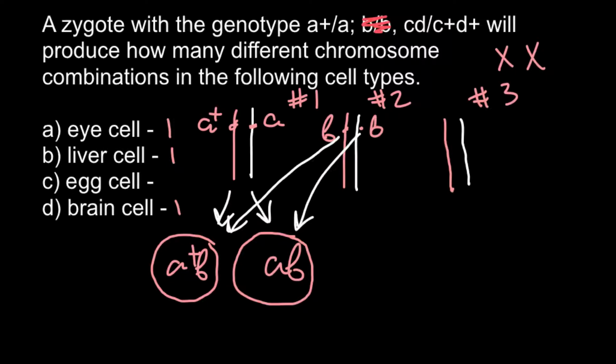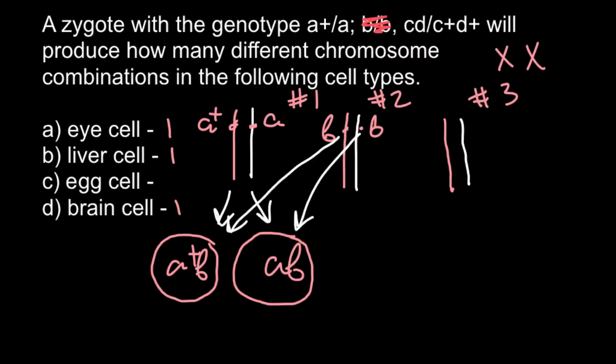But this time, on this chromosome, we have two genes. So this notation means two genes on the same chromosome, and this would be on the different chromosomes. So we have here 3 chromosomes, and we have 1, 2, 3, 4 genes.